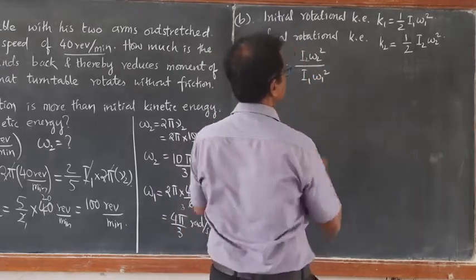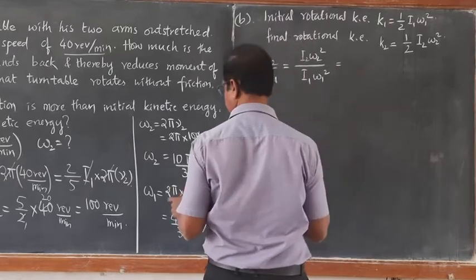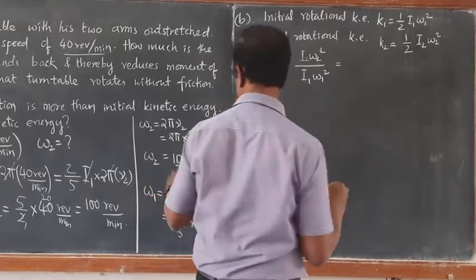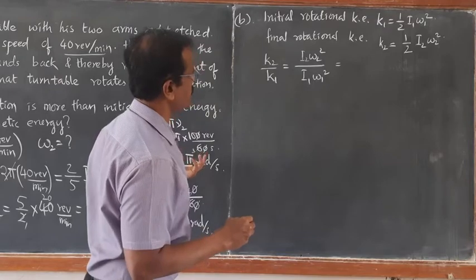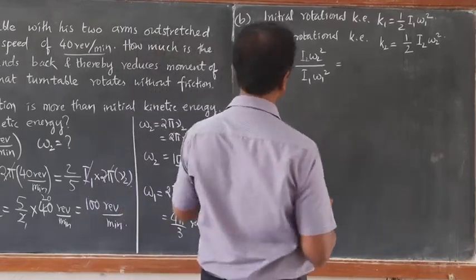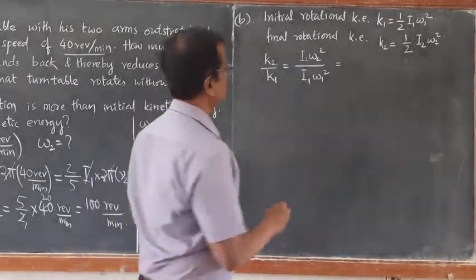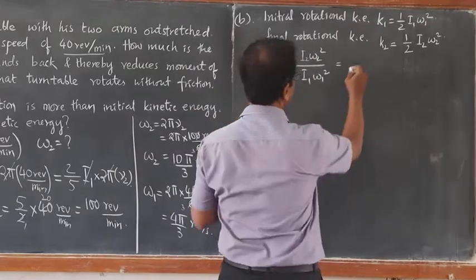If you substitute I2 and the values of omega, we can just calculate. Or you can calculate by another method. We know that I1 omega 1 is equal to I2 omega 2.